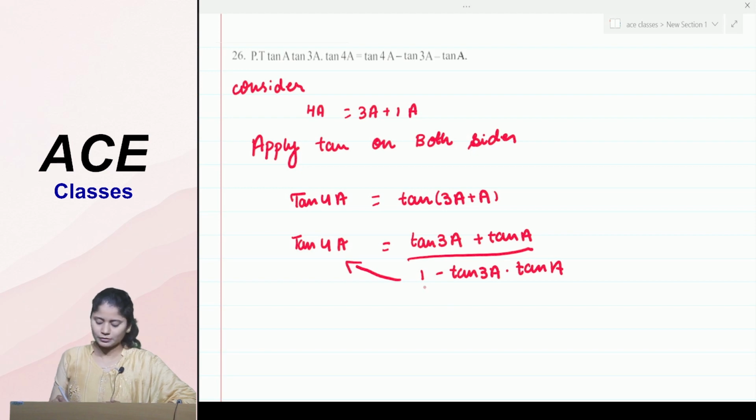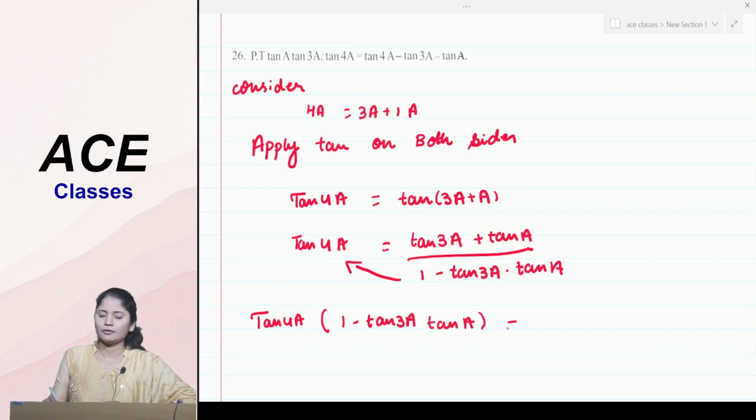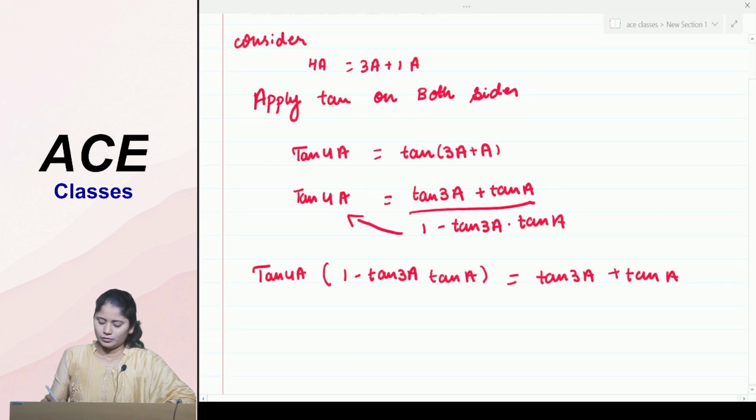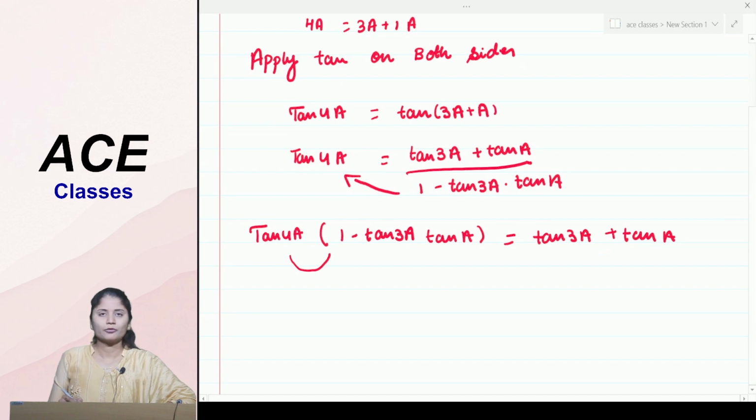Division when it comes to the other side will be multiplication. That is tan 4A multiplied by 1 minus tan 3A into tan A equals tan 3A plus tan A. Now you need to multiply this. Tan 4A into 1 is tan 4A itself.